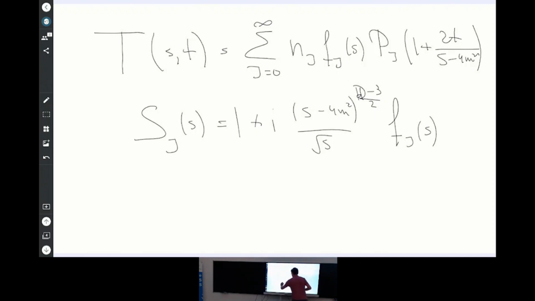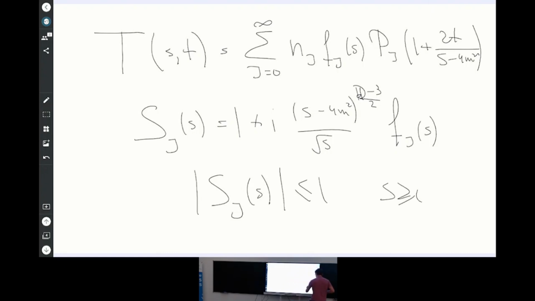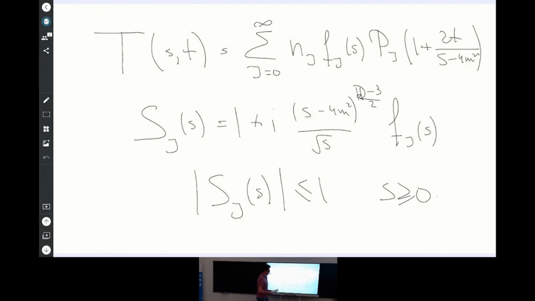And the unitarity is simply the statement that S of j of S is less than or equal to 1 for S positive. So that's what we want. So now let me add this and use. It depends if you want to have external particles massive or massless. That's true. Yeah. Thank you.